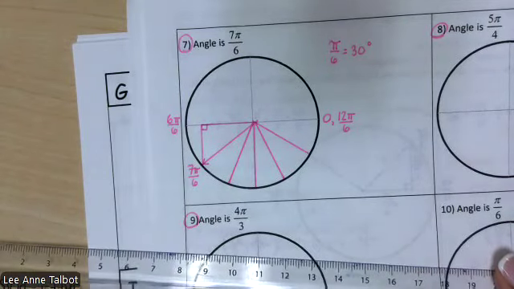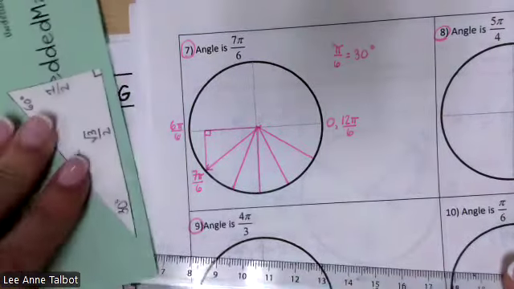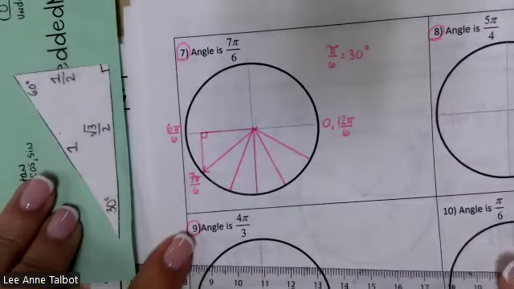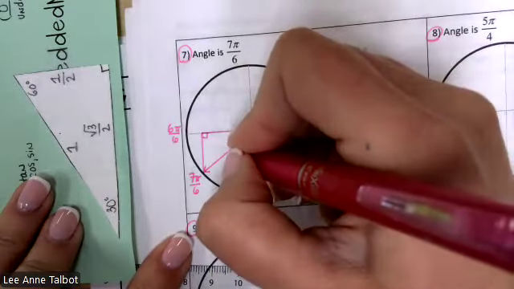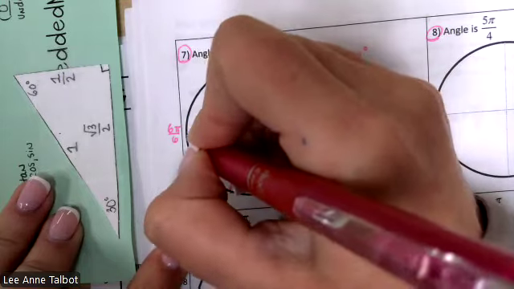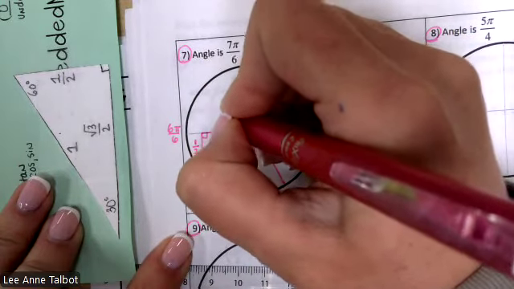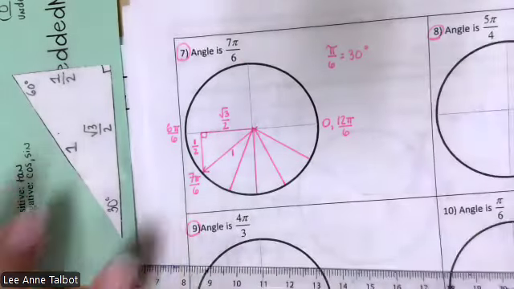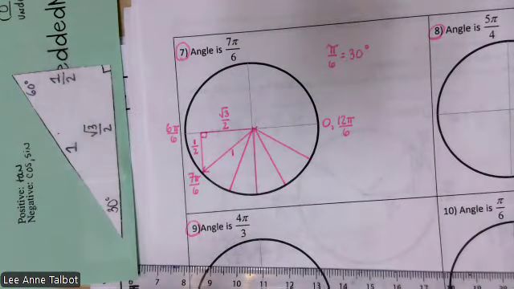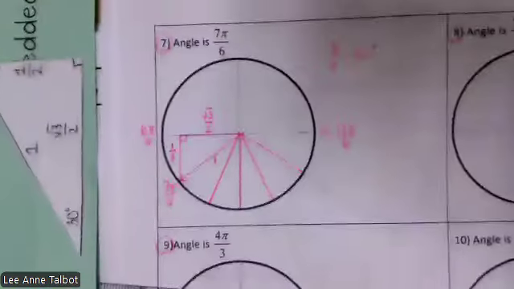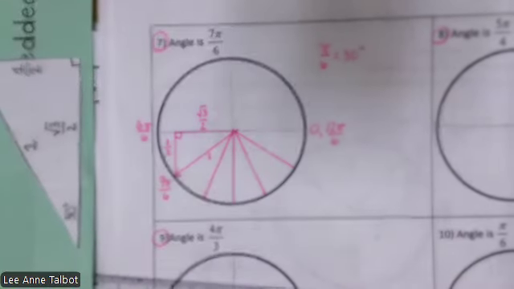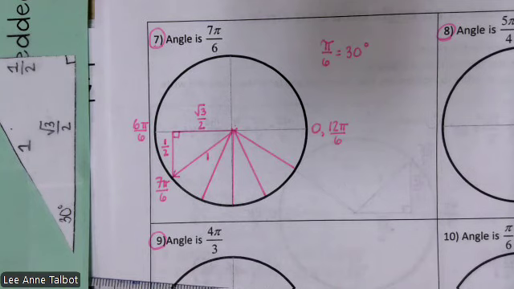Okay. I brought my handy dandy 30, 60, 90 with me. Hypotenuse is 1. Short side is 1/2. Long side is √3 over 2. Okay, then we pause here.